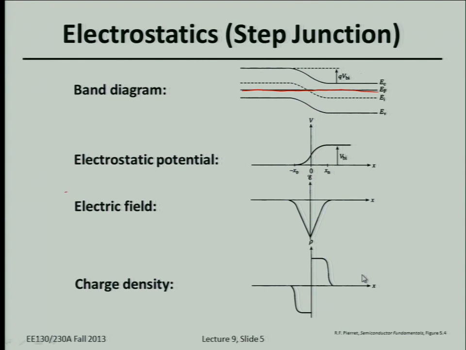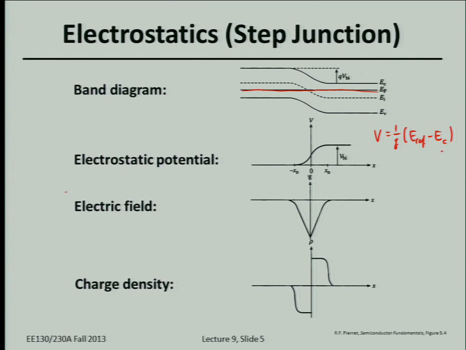Remember the electrostatic potential. Let's write that down. The electrostatic potential is just 1 over q times some reference level minus either your conduction band energy, or your valence band energy, or intrinsic Fermi level energy.